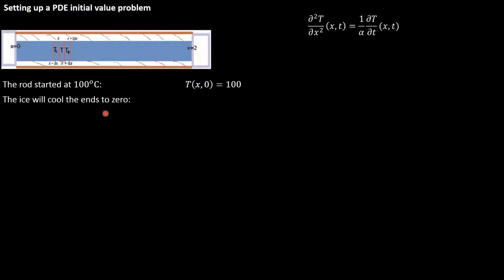But we also know that because we placed ice cubes at both ends of the rod, and we're going to assume that they don't melt, so we're assuming they're large enough that they remain as ice, then the ice is going to keep the ends of the rod at 0 degrees Celsius, which says that the temperature at position 0 will be 0 for any time t, and the temperature at position 2 will also be 0 at any time t.